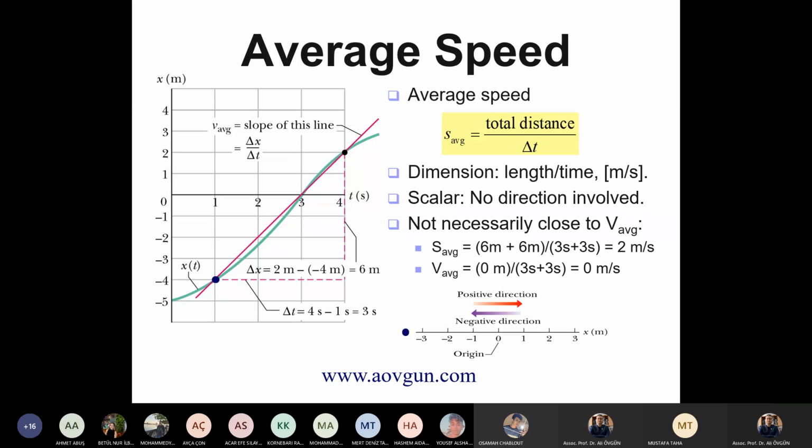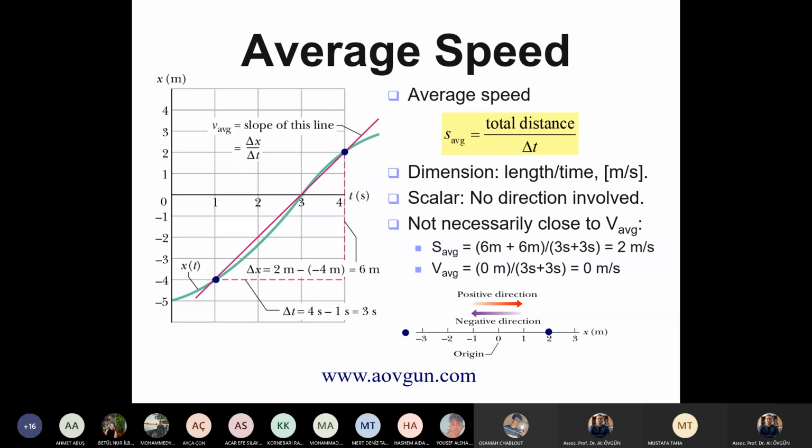But for the average speed, what we use is the total distance over time. Okay, so this is different. And here there is no direction, but the unit is the same, meter per second. For example, here, how can you calculate the average speed? First, you must find the total distance. What is the total distance?